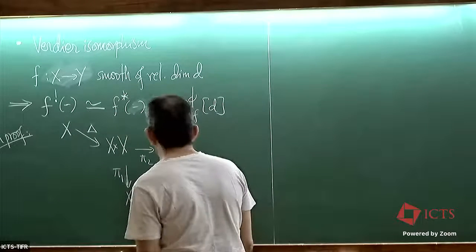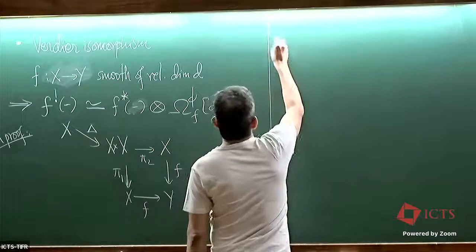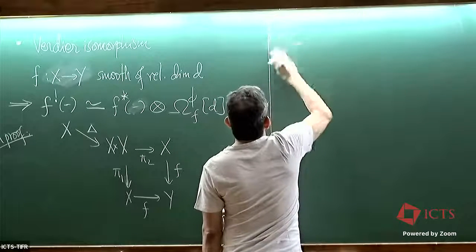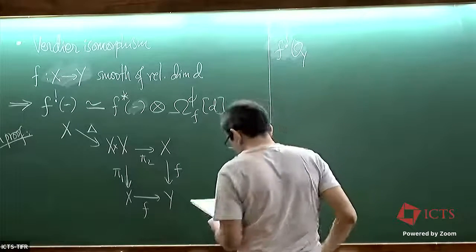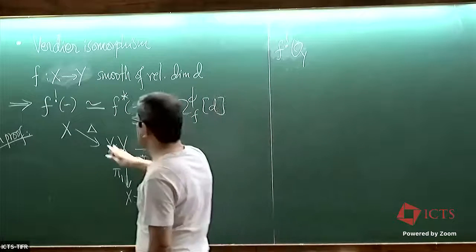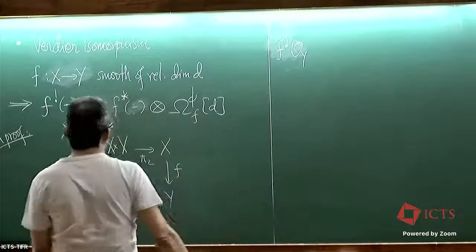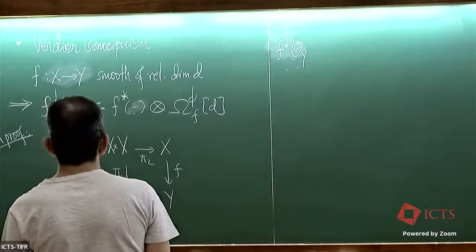Then let's start with f shriek O_Y. I want to show that. Basically, since f is going to be flat, I will only sketch one part of the proof.